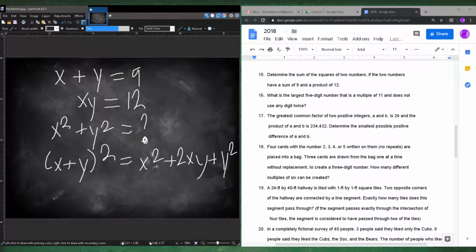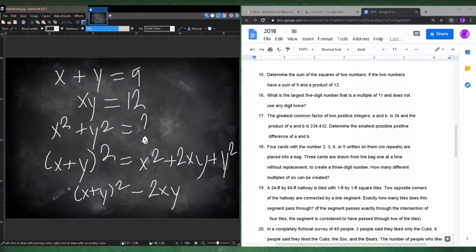This is not equivalent to x squared plus y squared, but this here and this here add up together to give this. So technically, all we need to do is take out this number: we have x plus y squared, and then we subtract 2xy to the other side. Then we get this number, because we only have these terms left.